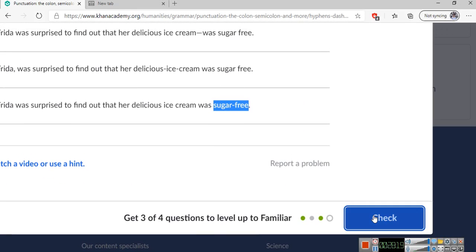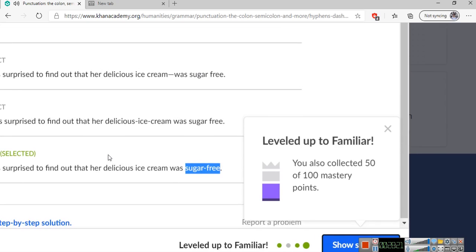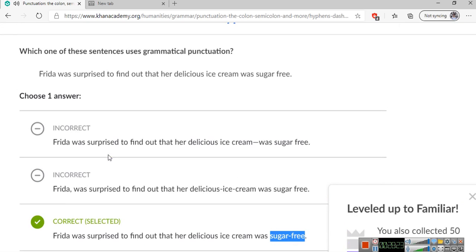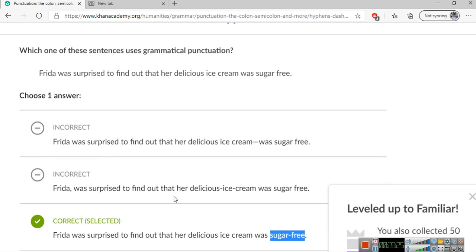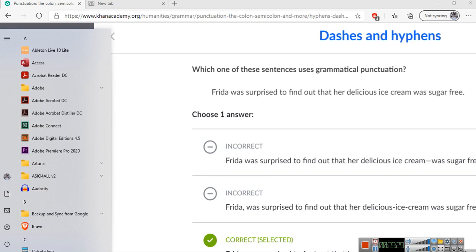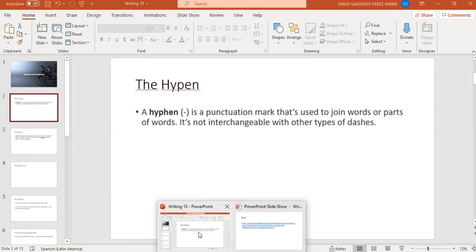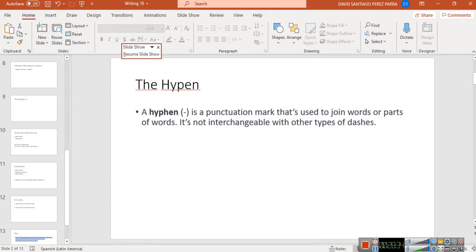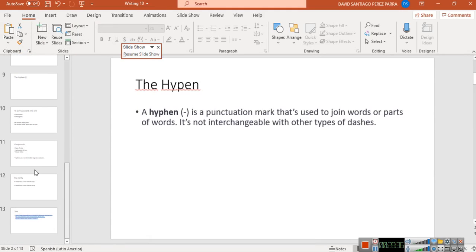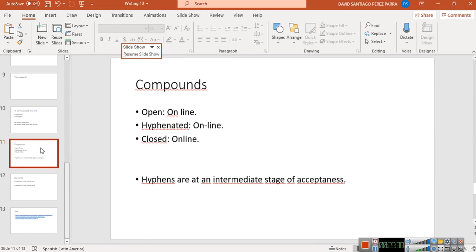That is correct. This is exactly the same example as I was saying in the presentation. The last slide was talking about the common usage of two words into one.